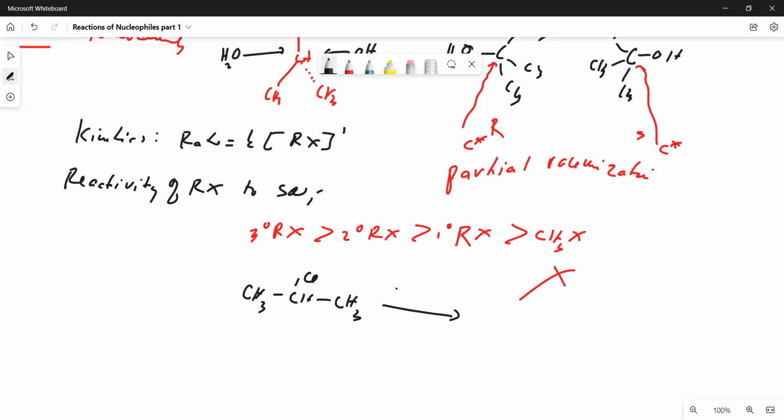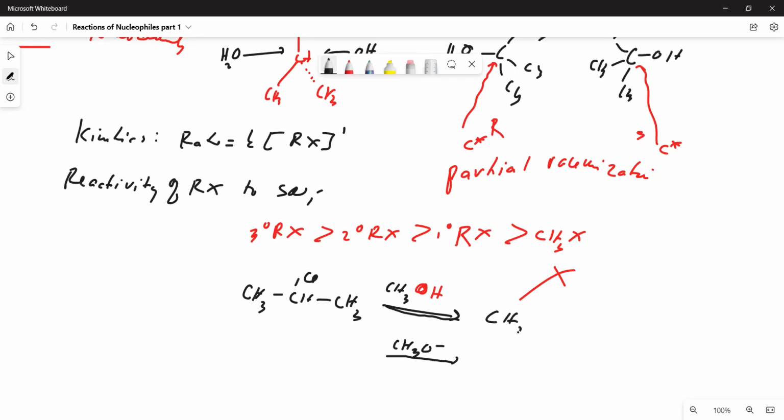You react this with methanol. And then here, you react with methoxide.